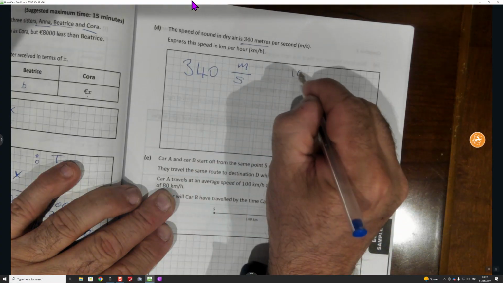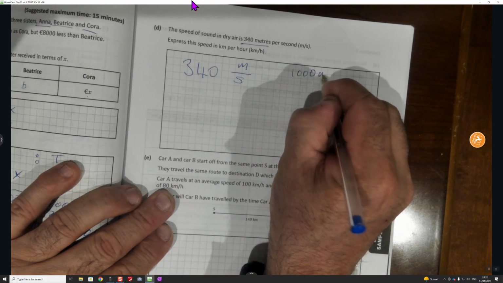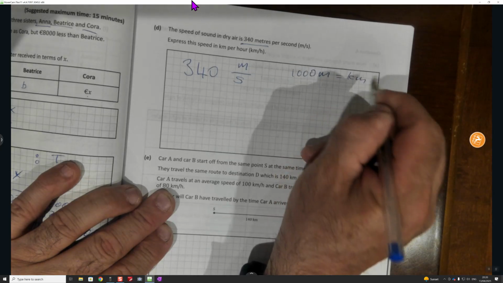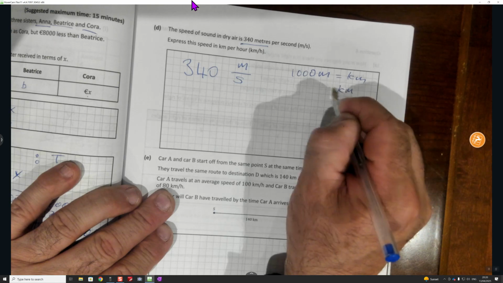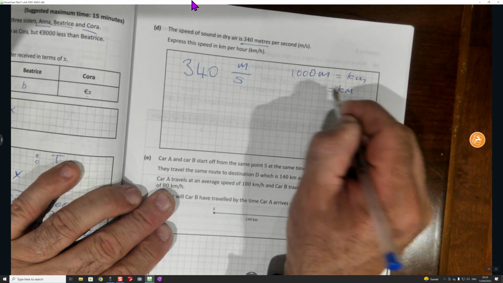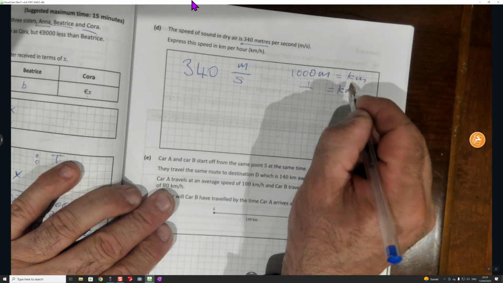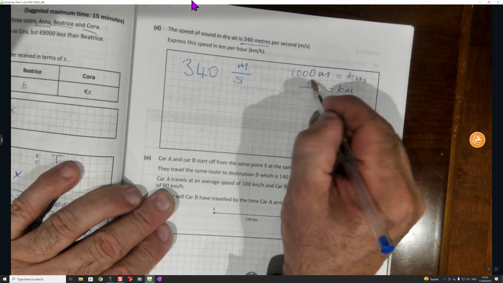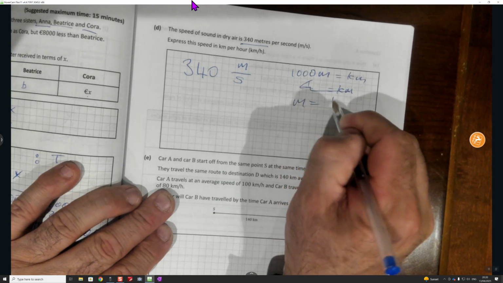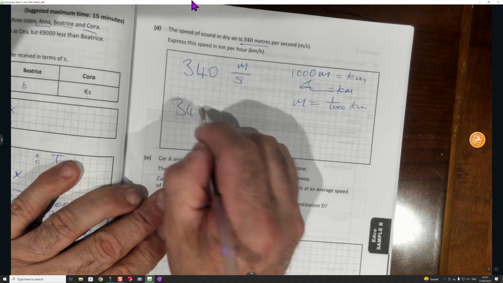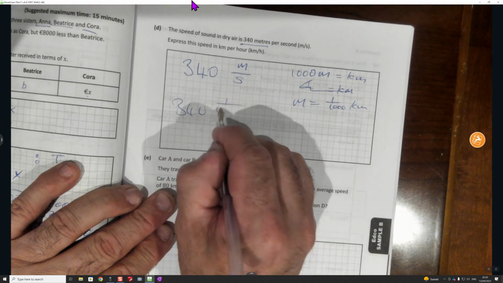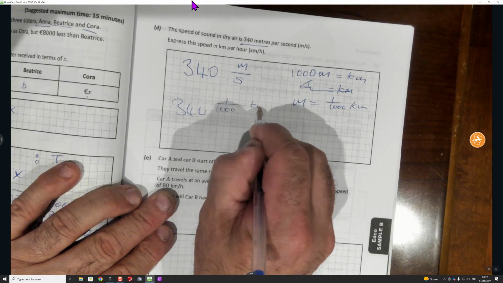Now we know that 1,000 meters equals a kilometer. So if I want kilometers here, I'm going to use the fact that a meter equals 1 over 1,000 kilometers. So I'm going to replace the meter with 1 over 1,000 kilometers.